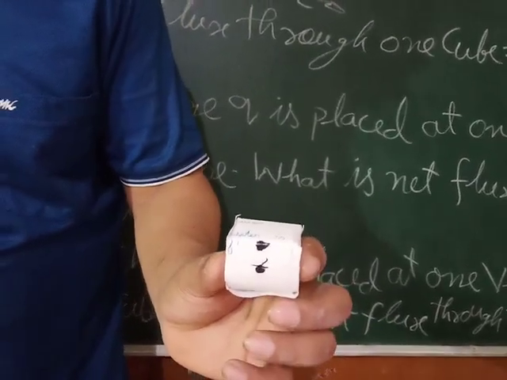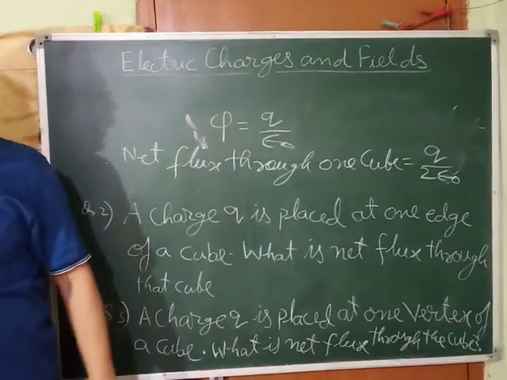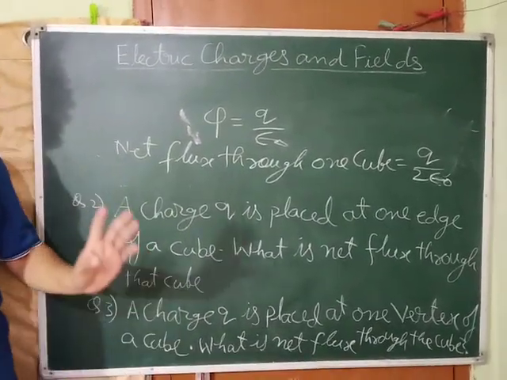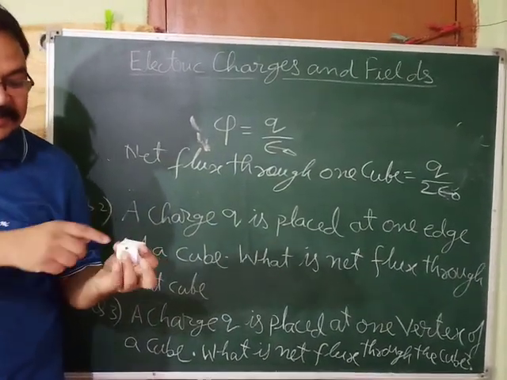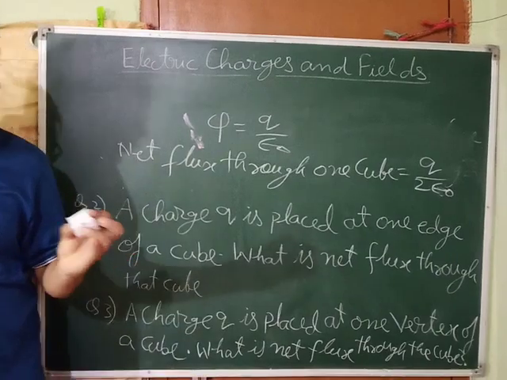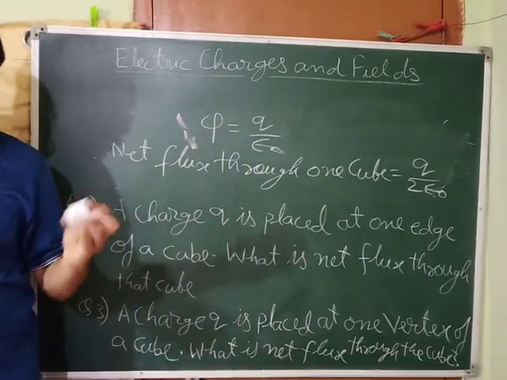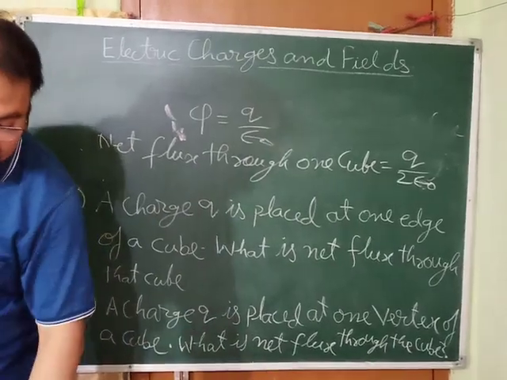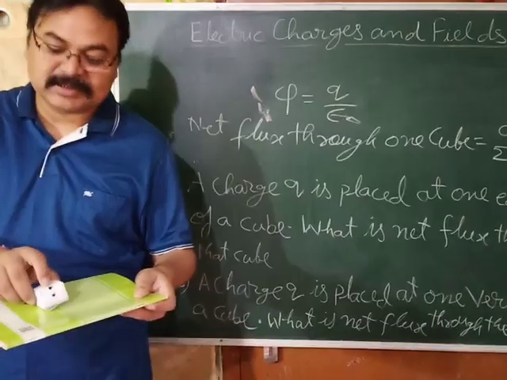Now we have to find out the net flux through this cube due to this charge which is present at this edge. As this charge is again not enclosed in this cube, first we have to take similar cubes to enclose this charge. Now I have placed this cube. See, this is the charge on the edge.